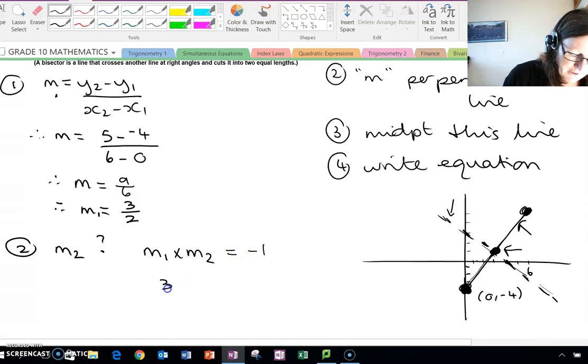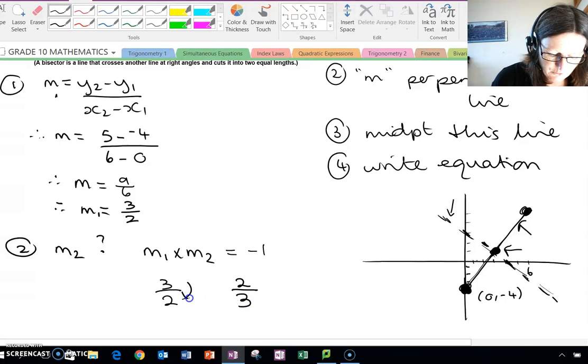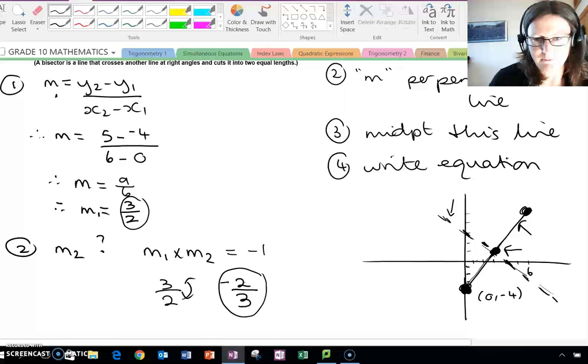If the original gradient is 3 over 2, the easiest way I find the gradient of a perpendicular line is to flip it, so change it to 2 over 3, and then change the sign. So the gradient of the perpendicular line is -2 over 3. So we've done step 2.